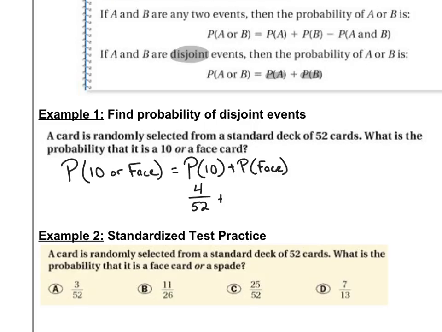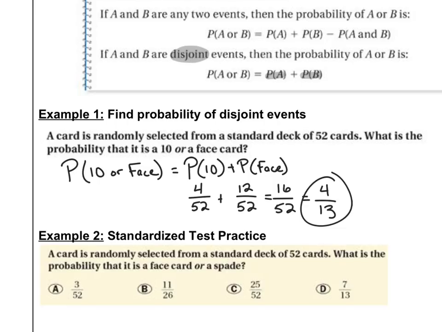And a face card is a king, queen, or jack. So there are 3 in each suit. There are 4 suits, making 12 total face cards. So we end up with 16 over 52, which we always need to simplify. When you simplify 16 over 52, you get 4/13. So the probability is 4 over 13.